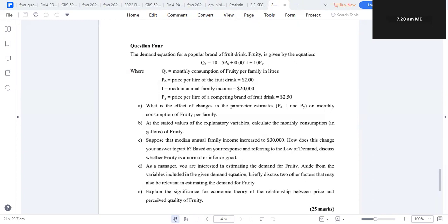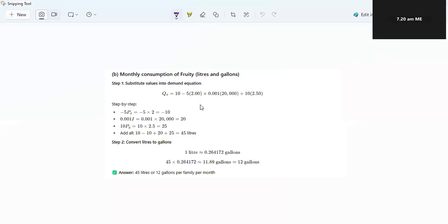So where there is a Px, you put 2.0. Where there is an I, you put 20,000. Where there is a Py, you put 2.5. So when you put them in there, you get 45 liters.